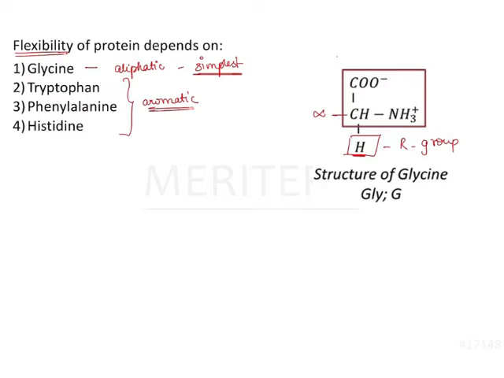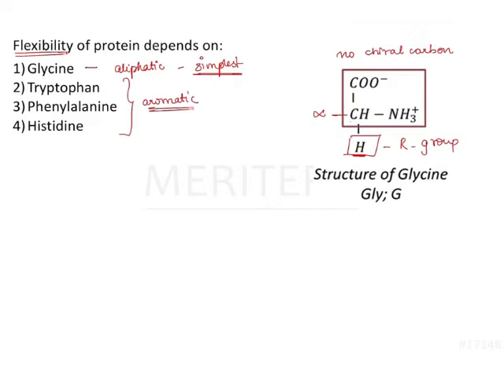So because of this simplest structure, you say glycine is the simplest amino acid when compared to any other amino acids. And because of this simplest structure, you can see that glycine has no chiral carbon. Chiral carbon is nothing but the carbon to which 4 different groups or 4 asymmetric groups are attached. That is known as chiral carbon or asymmetric carbon.